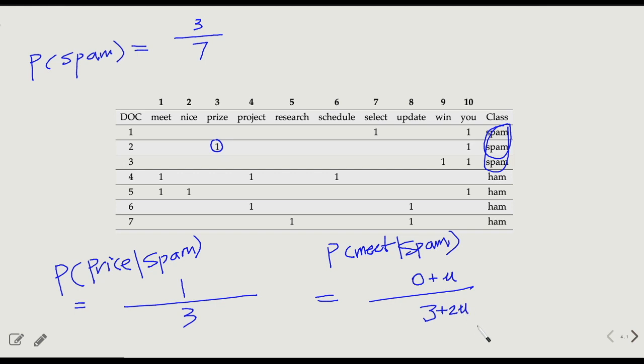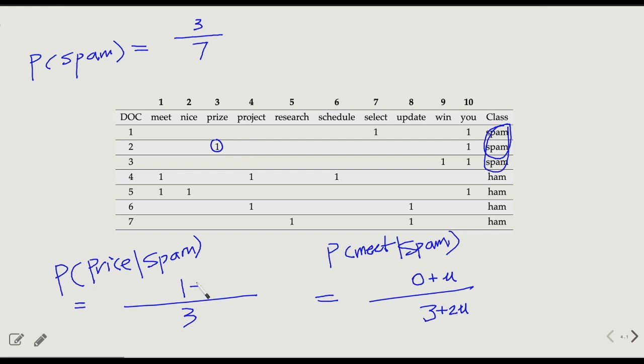Okay, so there are 2 classes. So we add mu to the numerator and add 2 mu to the denominator to normalize and to smooth, so to speak, the probabilities.